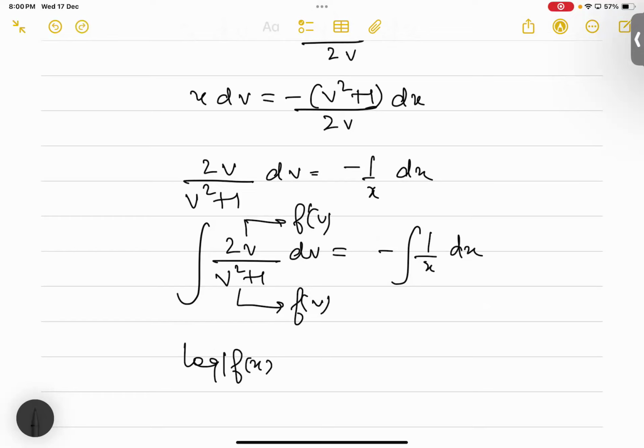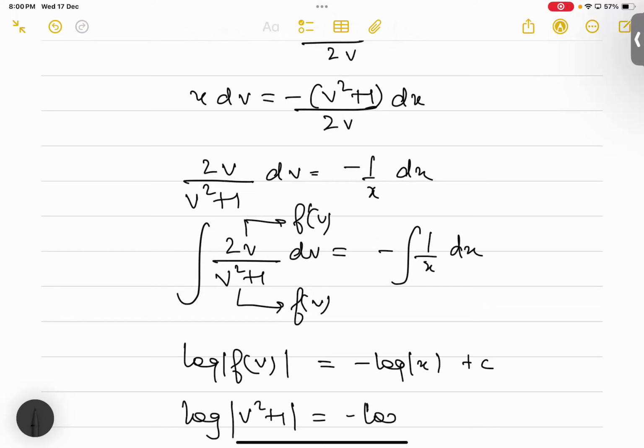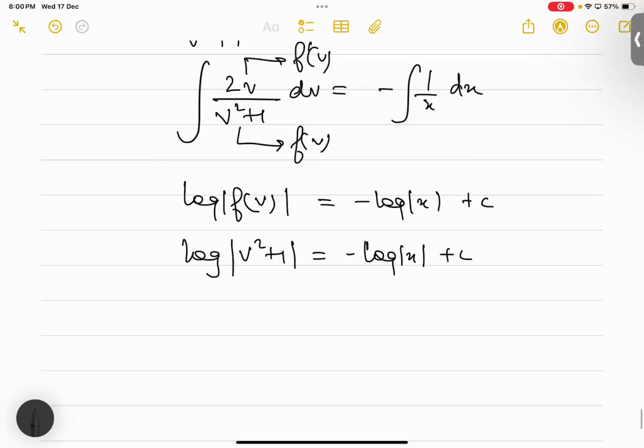F of v, sorry, not x, f of v. Hey, you know this property? Does it recollect a little? F dash v upon f of v. V square plus 1. Okay. Now all the simplification steps are there.